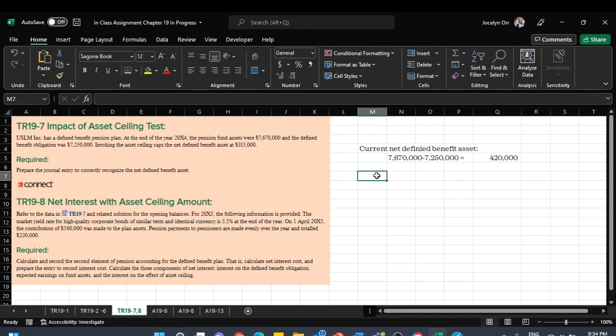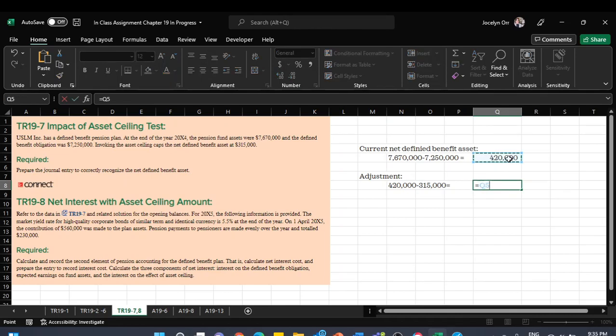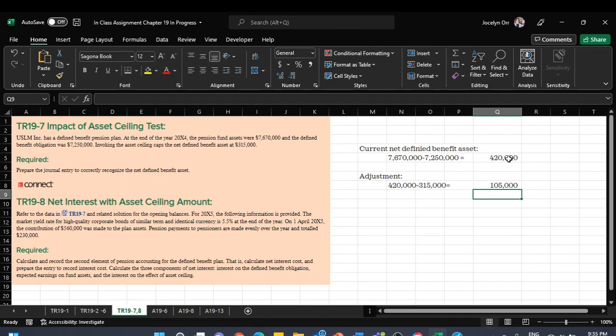So we need to make an adjustment for the difference between our current asset and our ceiling. So the difference between the two, which is $105,000, is going to be our journal entry.